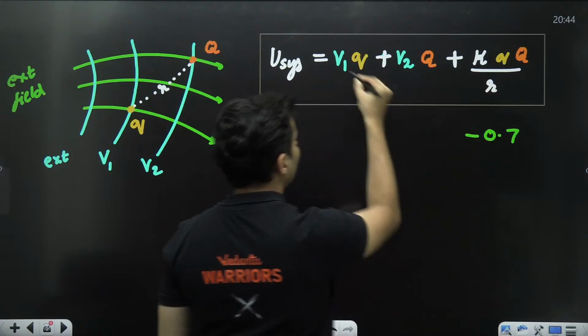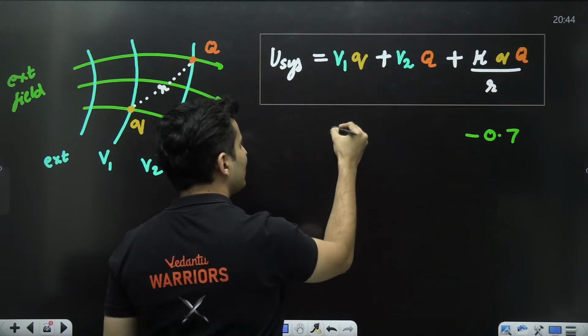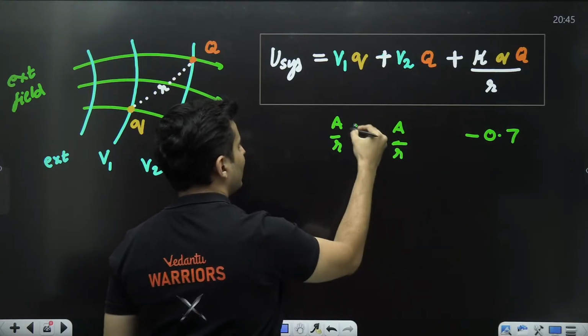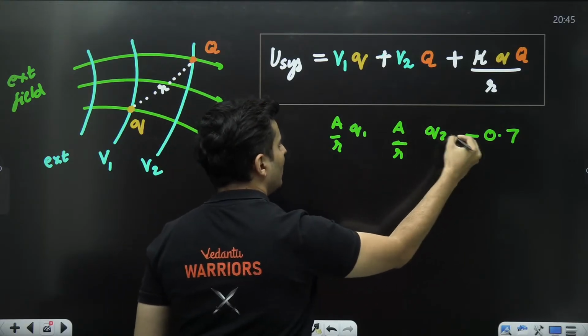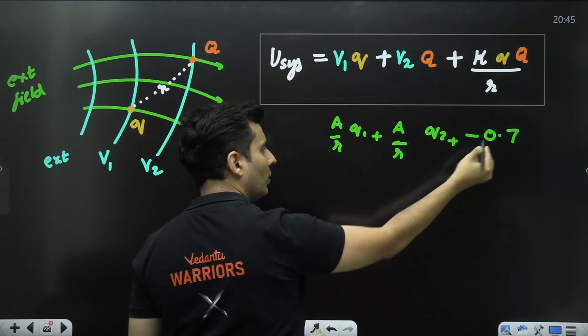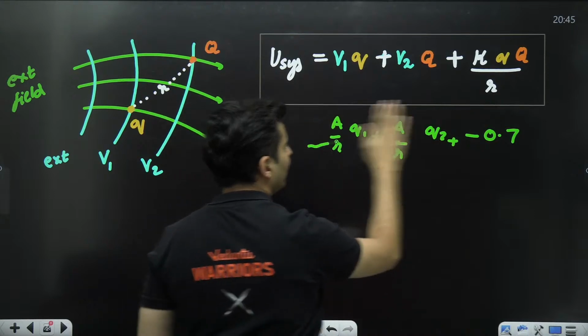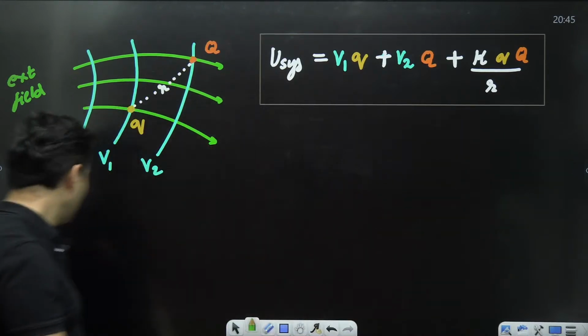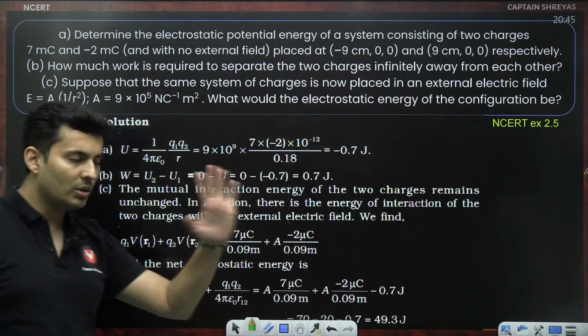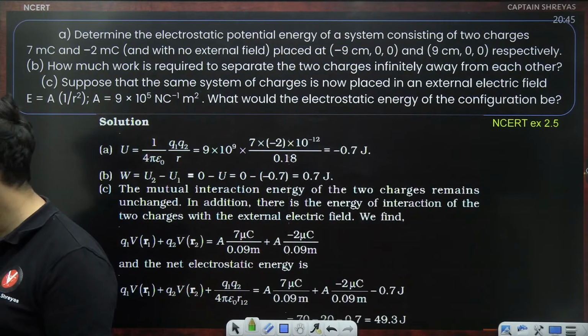V1 and V2 use A divided by R. One charge is Q1, the other charge is Q2. Just add them up. You know the A value, you know the R value, sum them up and you will get the total answer. That's what they have done to get the answer, my dear students. Is this absolutely clear?